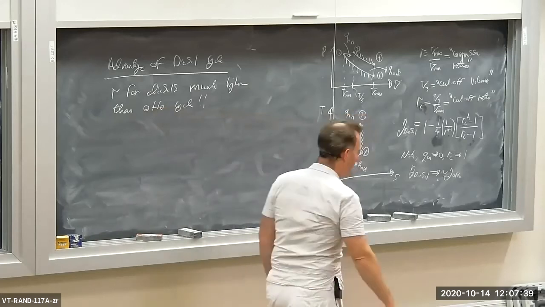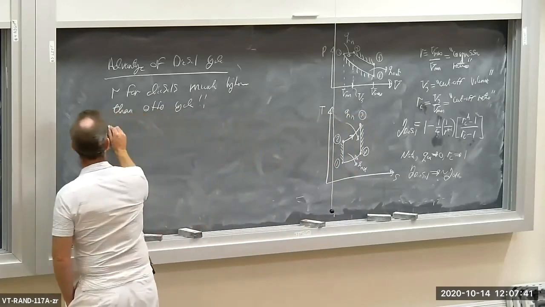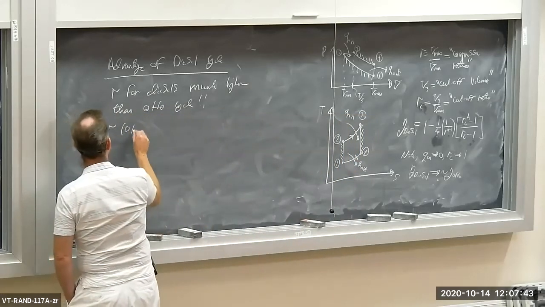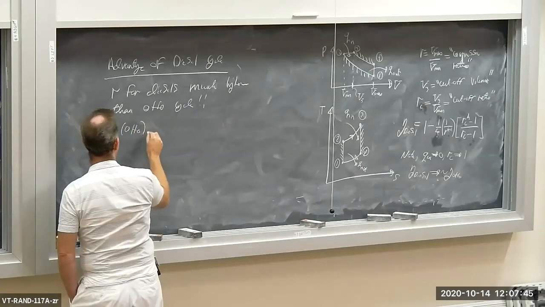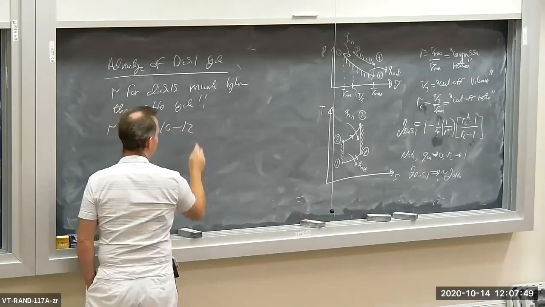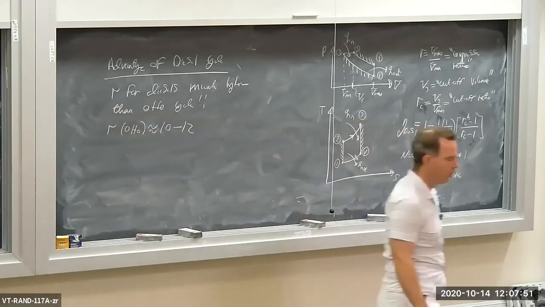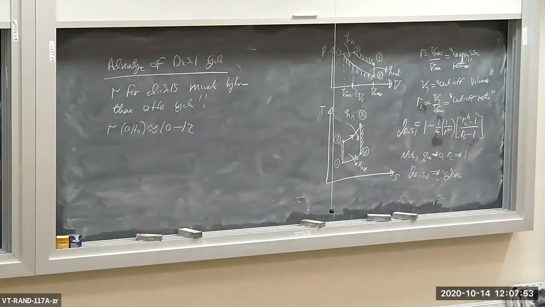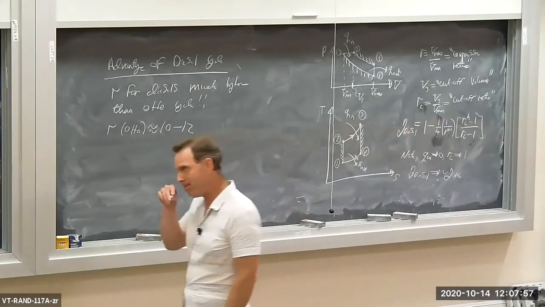Remember I was saying for Otto cycles, R, the compression ratio, is usually around 10 to 12. That's the compression ratio for Otto cycle engines with spark ignition, okay?